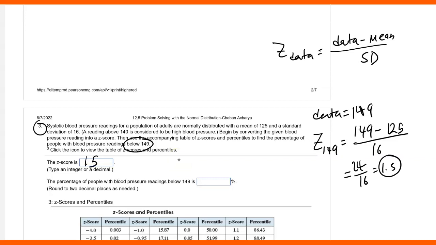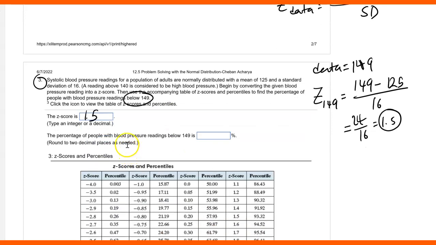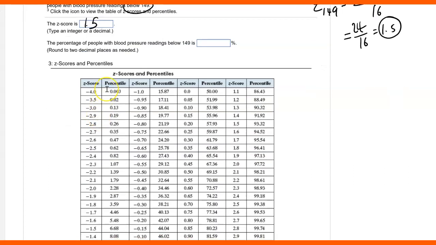Now I'm looking for the percentage of data items below that z-score 1.5. In other words, we're looking for the percentage of people whose blood pressure reading is below 149, which is the same as 1.5 as a z-score. Therefore I'm looking for 1.5 here and reading the percentile for 1.5, which is 93.32%.